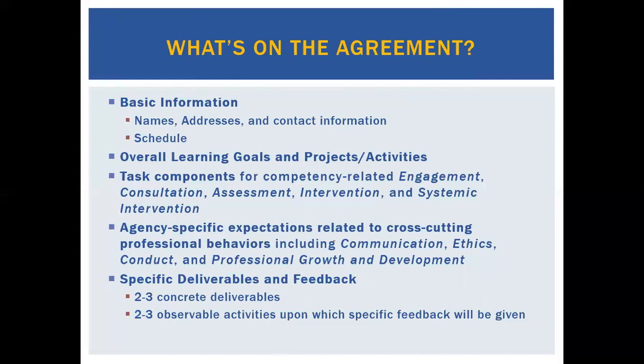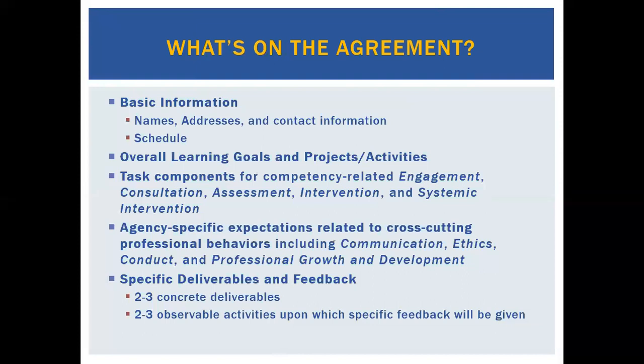And secondly, we would like you to pick 2 to 3 activities that you're going to directly or indirectly observe your student engaged in this year. Maybe watching them do a home visit, going with them. It may be co-facilitating a group or meeting with them, or sitting in and observing. It might be observing an intake.